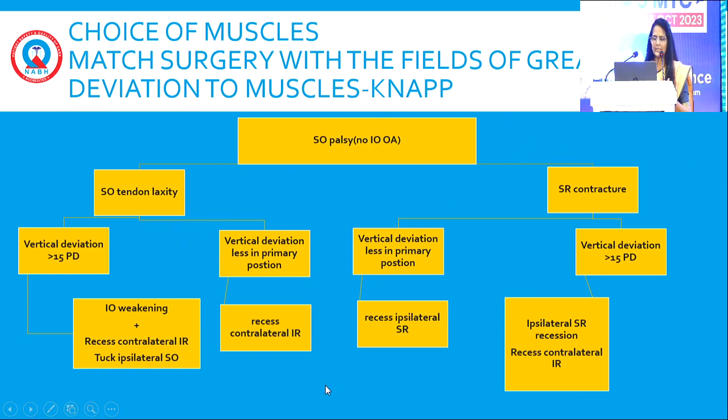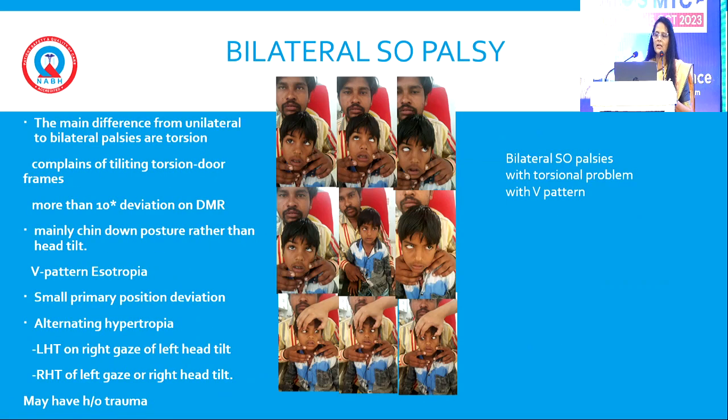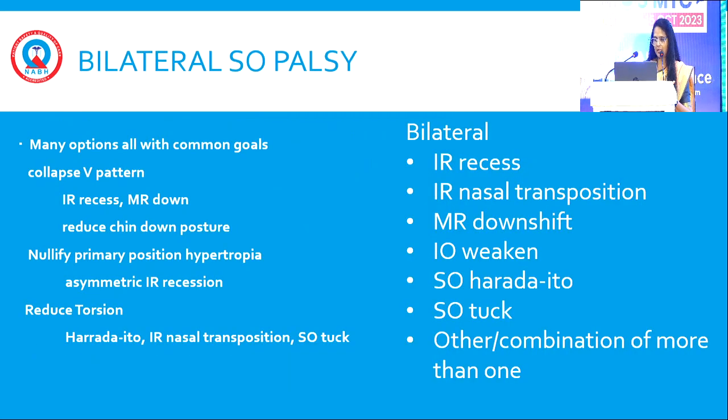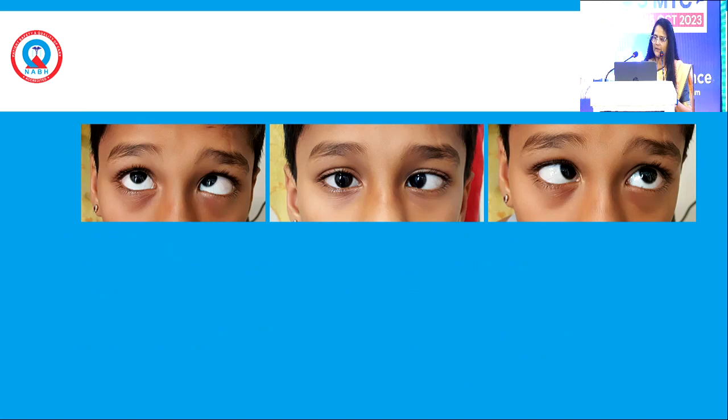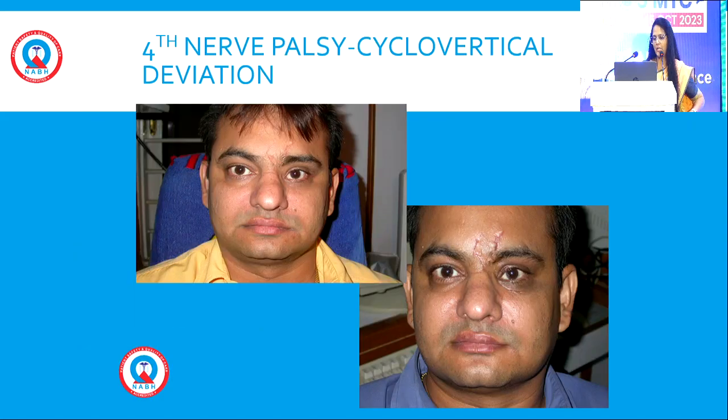I'll not read each and every one of this. In bilateral SO palsy, a patient may just complain of tilting doors and everything, but sometimes it can be ortho in primary gaze. So you need to check for bilateral SO palsy, and then definitely there will be a V pattern. So you need to take care according to that.